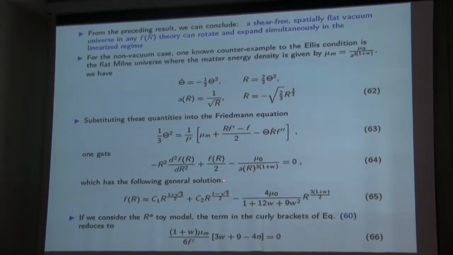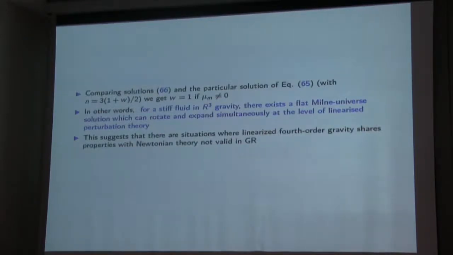If we compare this expression to the term in curly brackets, this term here, one can actually reduce the form of f of R to a stiff fluid in R cubed gravity. So for a stiff fluid in R-cube gravity, there exists a flat universe that can expand and rotate at the level of linearized fluctuations.